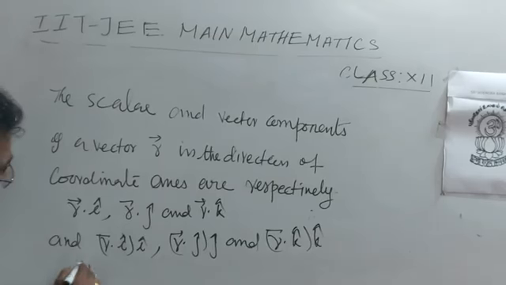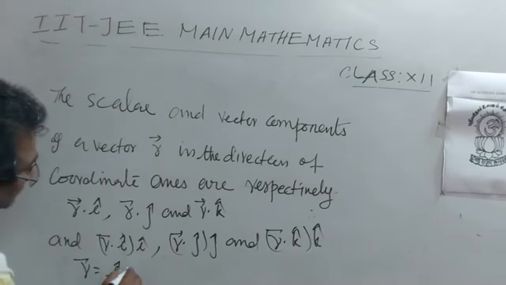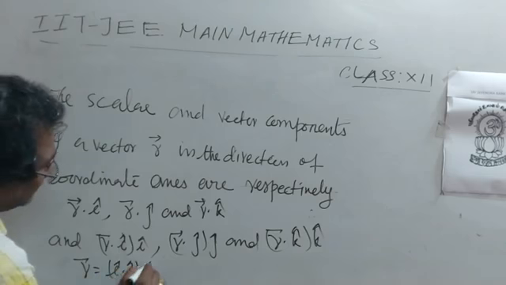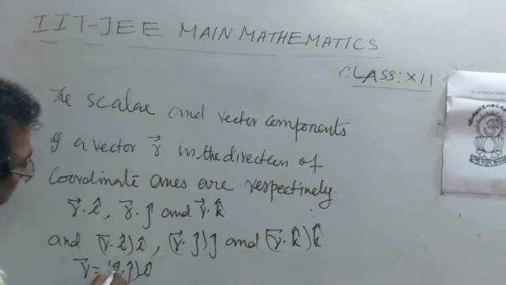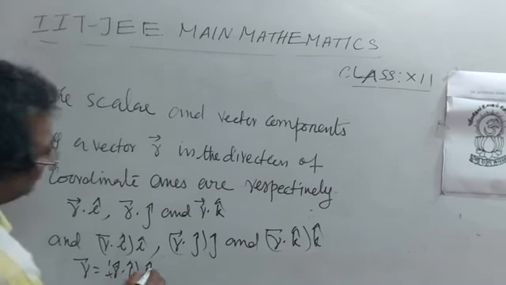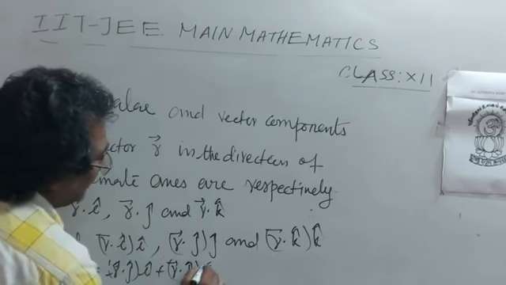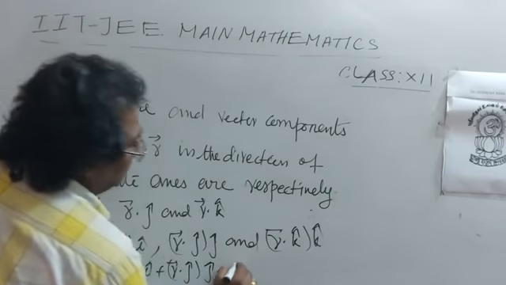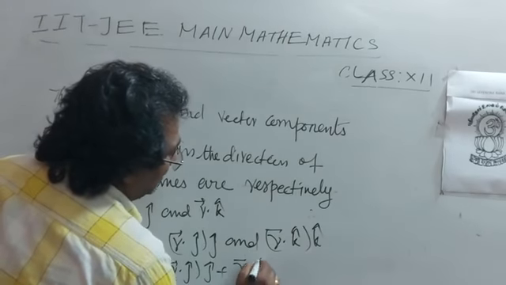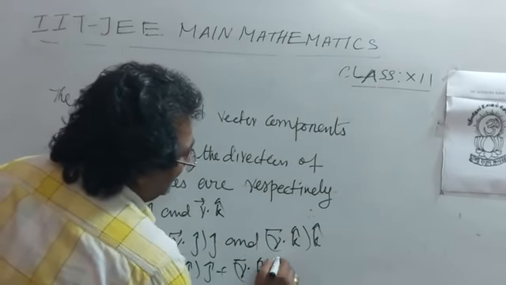Hence r vector equals r dot i into i plus r dot j into j plus r dot k into k cap.